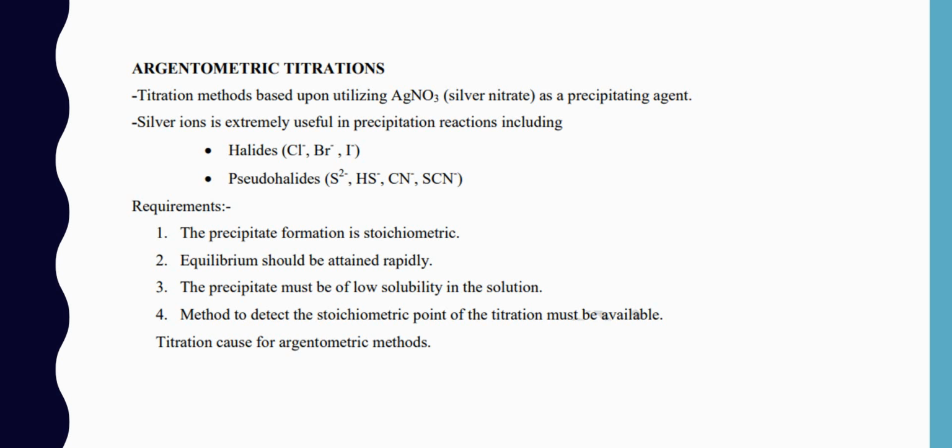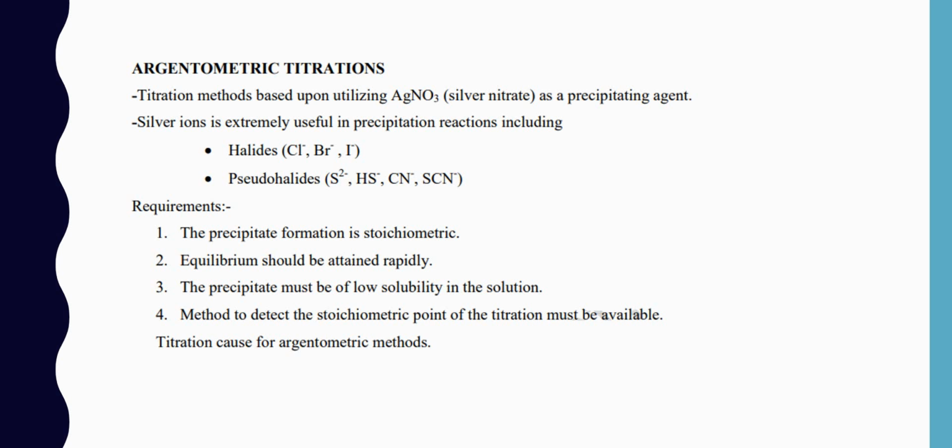Next is argentometric titration. Argentometric titration comes under precipitation titrations. It is named so because these titration methods are based upon the utilization of AgNO3, silver nitrate, as a precipitating agent.